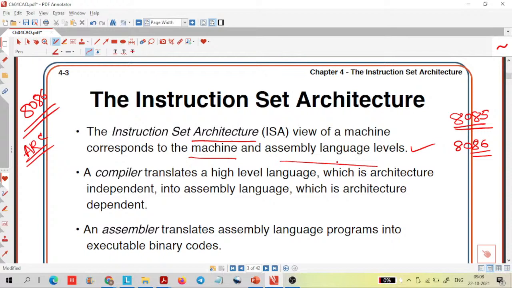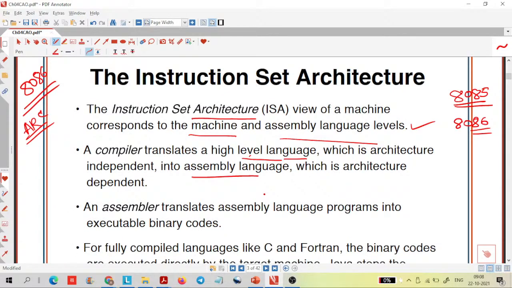A compiler translates a high level language, which is English-like and architecture independent, into assembly language, which is architecture dependent.